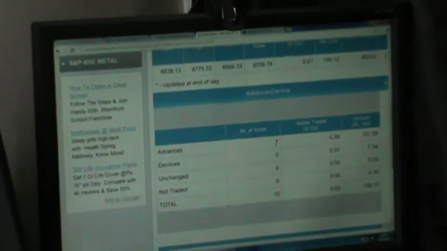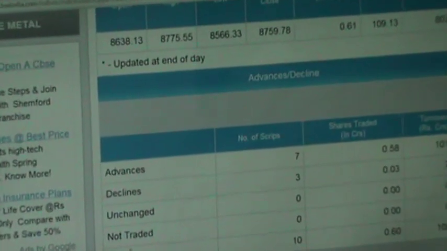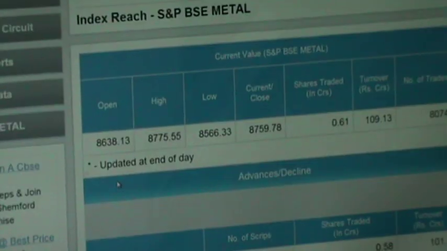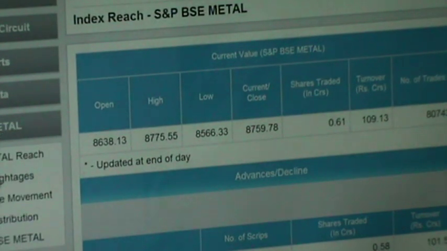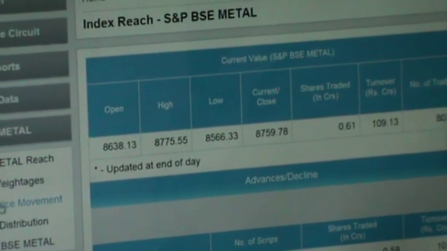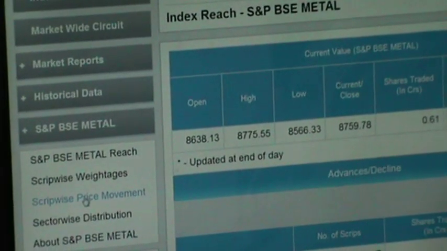There are 7 advances and 3 declines. Total 10 scrips are there in this metal index, and their price movement. I am seeing all the details: which stock is strongest, which is not performing. We will see all the things here.